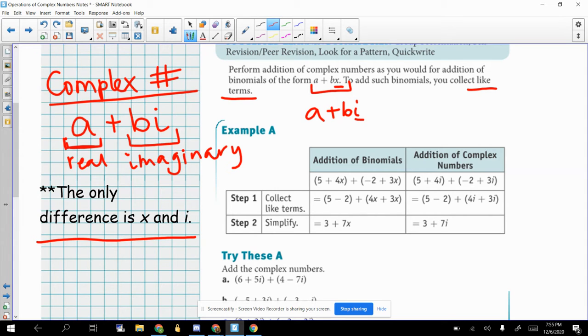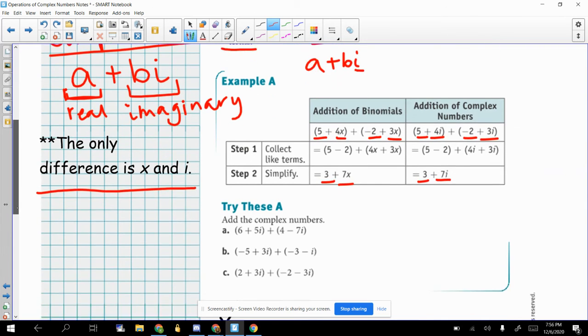So you can see in example A, the different steps here, and they just collect like terms and then simplify. So 5 plus negative 2 gave them the 3, and then 4x plus 3x gave the 7x. Same thing here. 5 plus negative 2 gave them the 3, and 4i plus 3i gave them the 7i. So it's very similar.